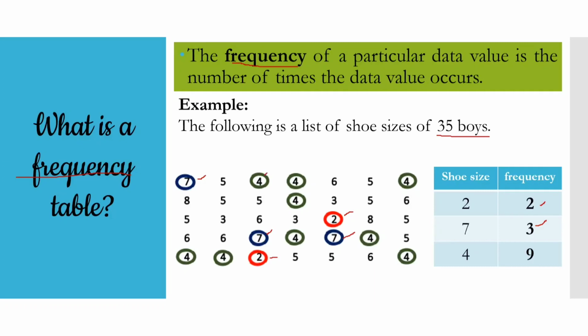So let us count 1, 2, 3, 4, 5, 6, 7, 8, and 9. That means that 9 is the frequency of 4 because it appeared 9 times in our list. I hope that with that you were able to understand what is frequency.